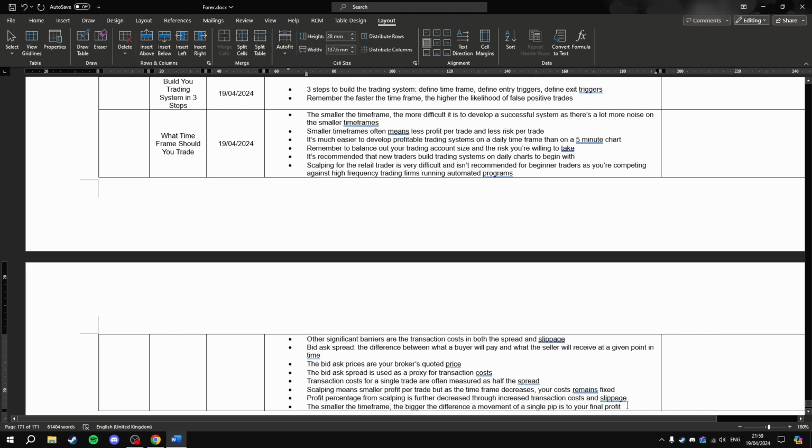Does that make sense? The smaller the time frame, the bigger the impact a movement of a single pip is to your final profit.